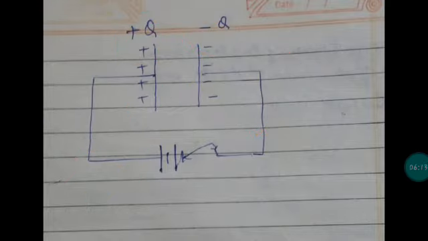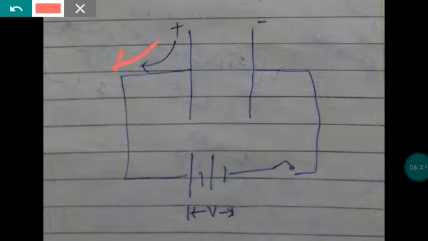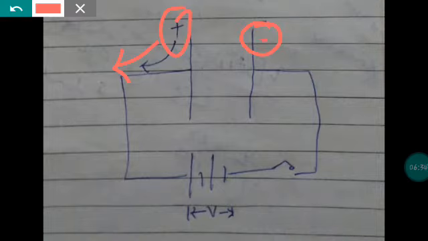In the second figure we are trying to show that electrons are coming out from the plate of the capacitor and making the capacitor charged, positive on one plate and negative on the other, when the key is closed.